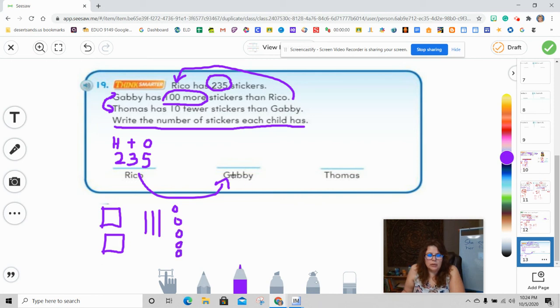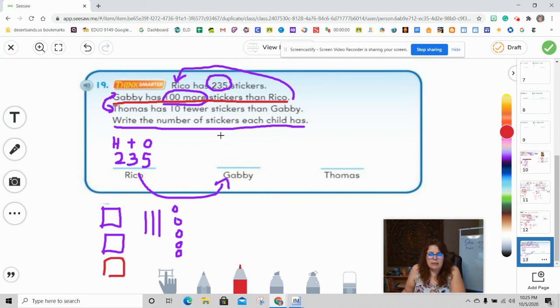Now in order to find out what Gabby has, I have to add 100 more. So I go to the hundreds place and I draw 100. So by following this clue right here, I had Rico's number and then I added 100 more.